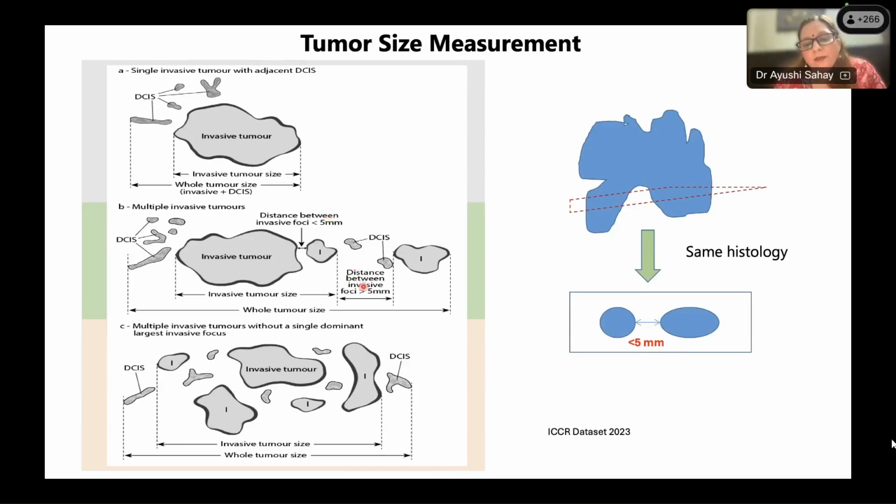And you have to sample the intervening parenchyma between them to check whether there is any microscopic extension of the tumor. You might not be seeing it on the gross, but if you are seeing 2 tumors as 2 separate lesions, you have to sample the intervening parenchyma between them to confirm there is no microscopic extent of one tumor to the other.